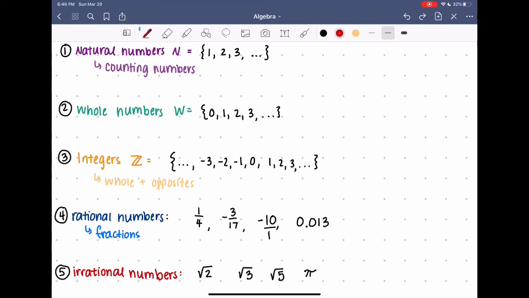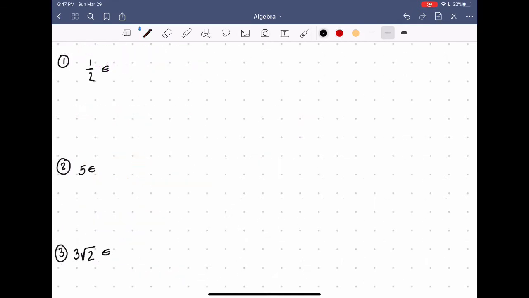There's a very useful chart on page 249 of your textbook that will help you break down real numbers and understand what all of these sets are subsets of. So let's look at these example problems. We need to identify what subsets each of these numbers belong to in all the subsets of real numbers. So I'm going to look at the chart to help me. 1/2 could be a subset of a lot of different things.